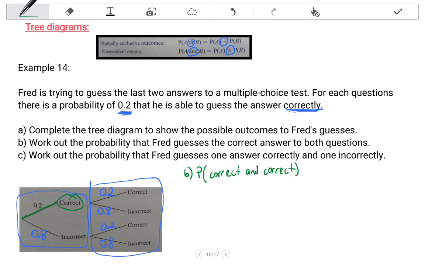Then, after guessing the first question correctly, I continue to guess another correct answer. So I follow this path. These are the connected branches. Since these are independent events, we can apply the multiplication rule. So for connected branches in tree diagrams, you multiply the probability values to get 0.04 as an answer.